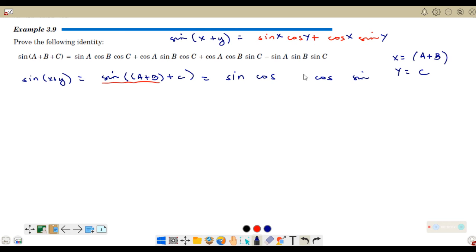And then the operation between them is positive. Ano yung x natin dito kanina? X is AB. So, dito isusulat din natin ay A plus B. Kulang ako sa space. A plus B. Tapos, cosine. Cosine siya ng isa pang function, nung y, edi C. Cosine C. Doon sa kabila, ganun din. Unang angle natin, composed of A plus B, we have A plus B. And then for the sine, we have C.